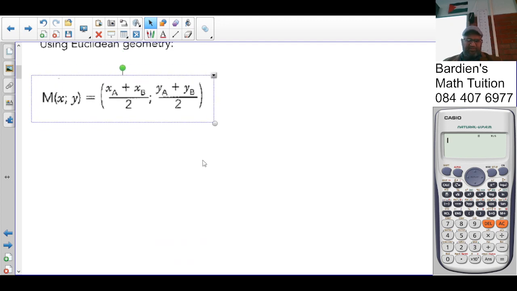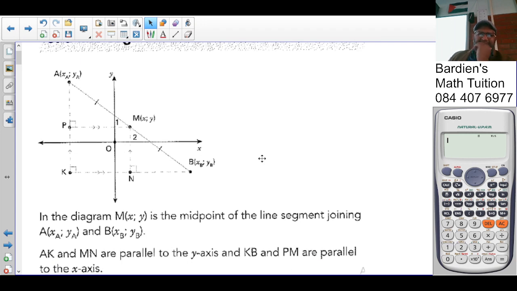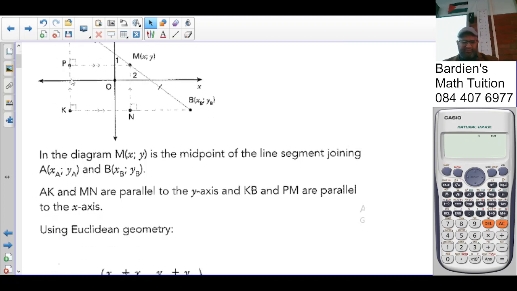So there's your midpoint formula. We are told here that in the diagram, M, which is (x, y), is the midpoint of the line segment joining A, which is (xA, yA), and B, which is (xB, yB). AK and MN are parallel to the x-axis, and KB and PM are parallel to the y-axis.